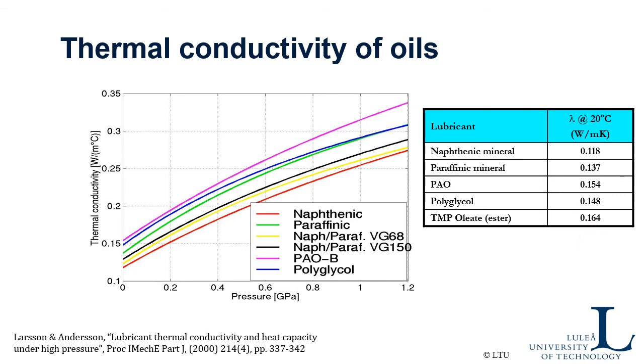And that means that with the esters, if you have a higher thermal conductivity, more heat is conducted away from the contact, and the EHL contact operates cooler, and you have a thicker film for that reason. On the other hand, the ester has a lower alpha, so the film thickness becomes thinner for that reason. So you need to solve the problem. You need to use the equations to get a good estimate.